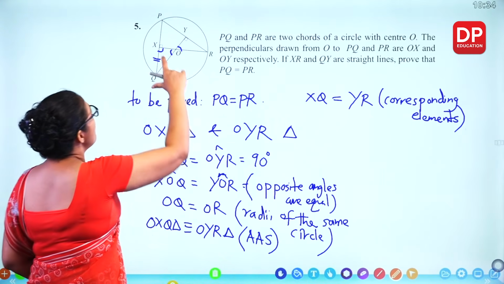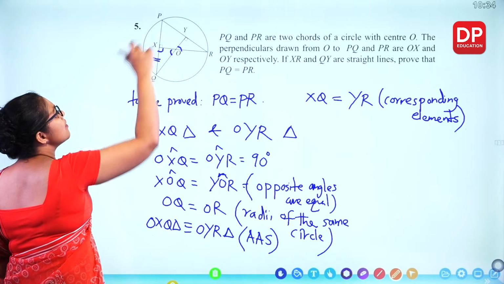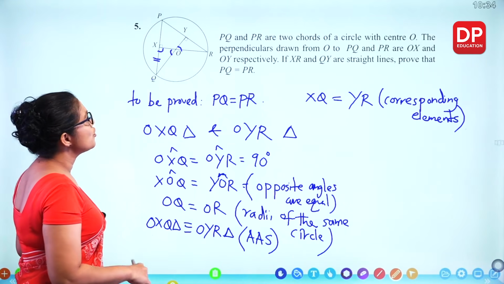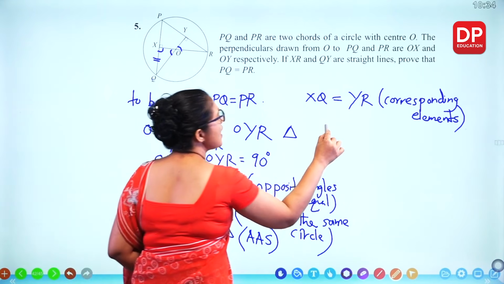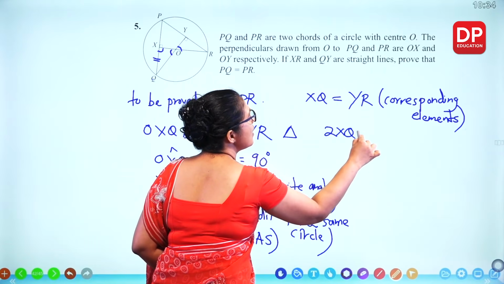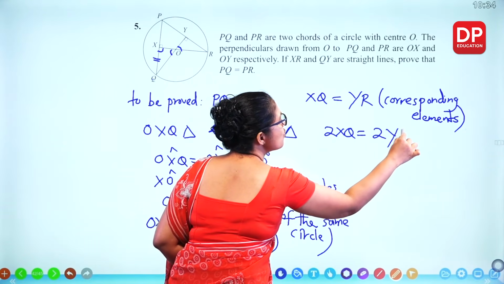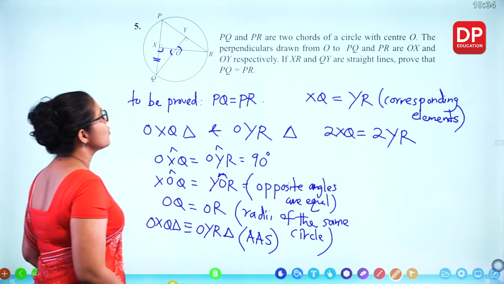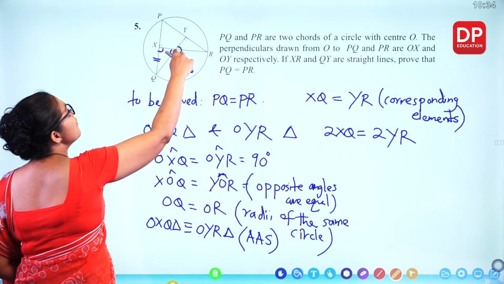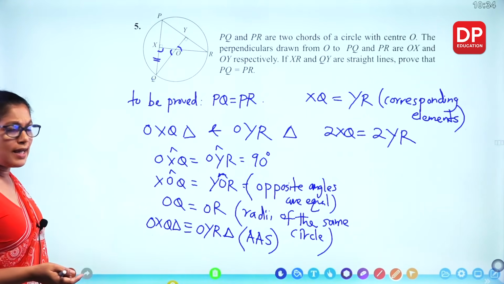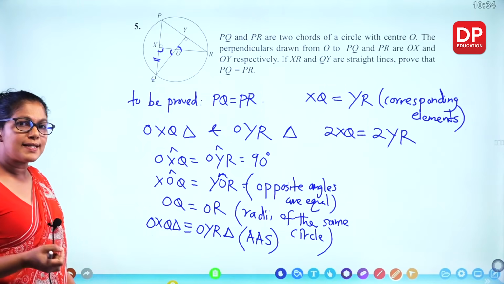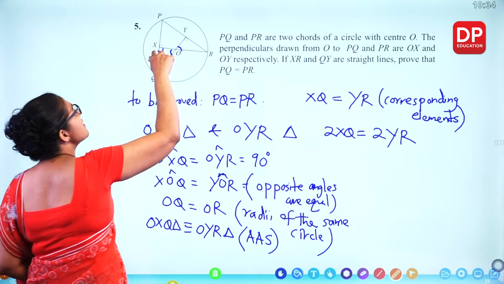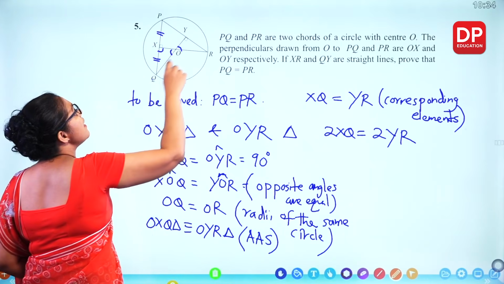Now, when you double that, what happens? When you double both sides, 2XQ is equal to 2YR. So here we know when you draw the perpendicular, the chord bisects. So that means this is also same length.